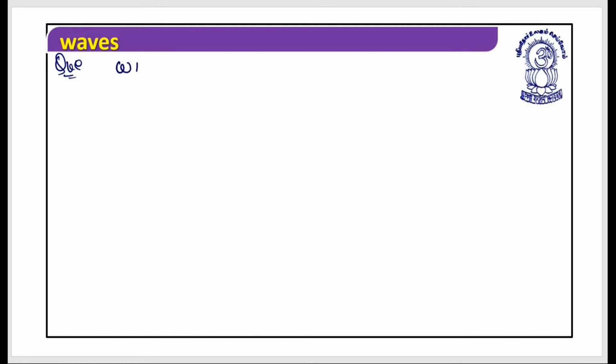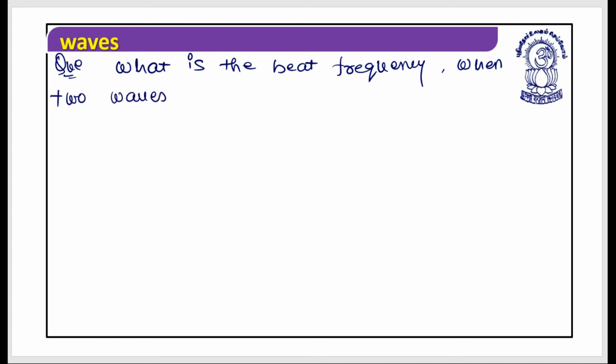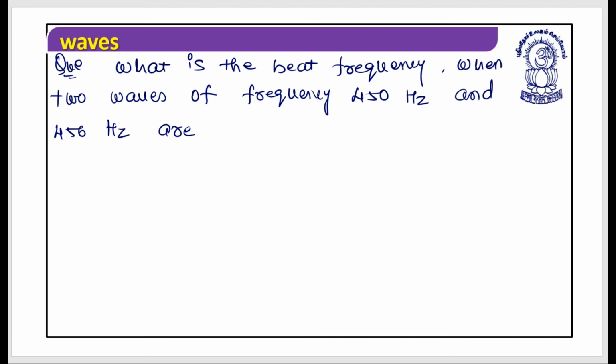Let's look at this question. The question says, what is the beat frequency when two waves of frequency 450 hertz and 456 hertz are superposed?